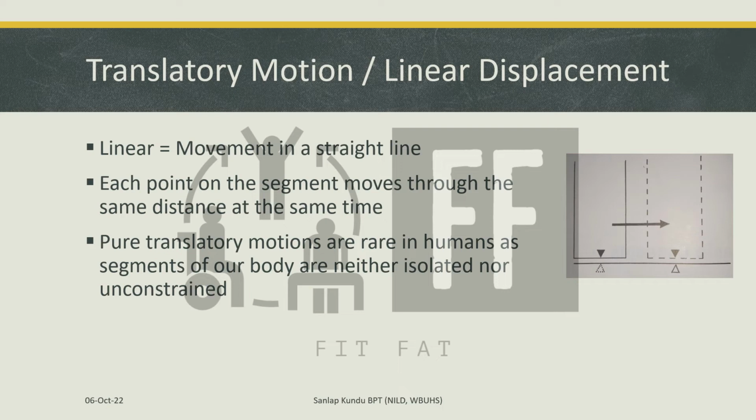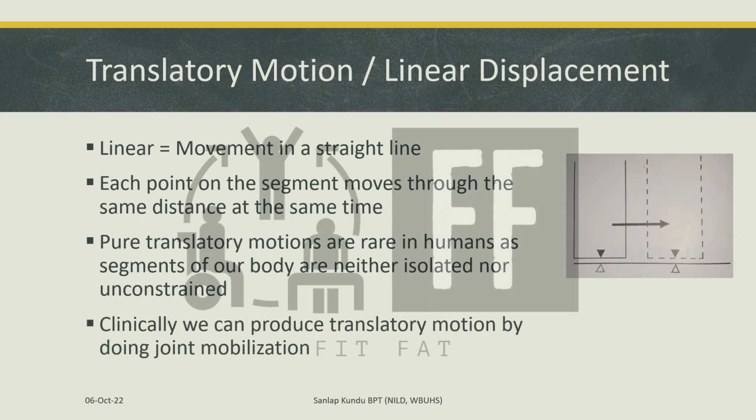Yes, sometimes in case of special tests we try to do that, like in case of anterior drawer test we kind of try to isolate the movements, but that is not ideal and that does not happen always. So it's kind of a utopian thought to get a completely translatory motion in the human body, but yes, you can produce it passively with the help of joint mobilization.